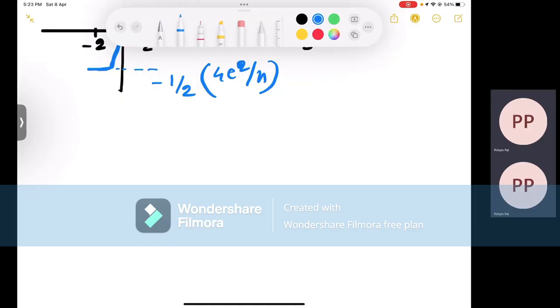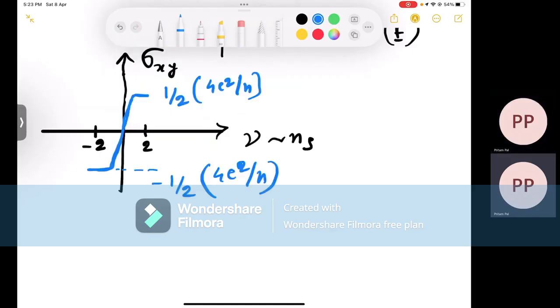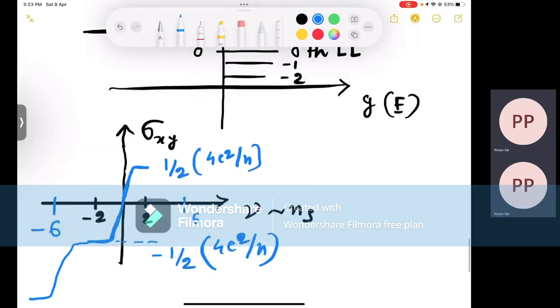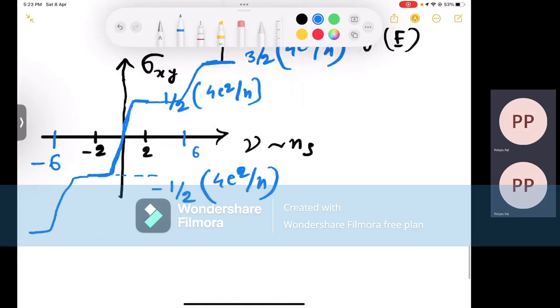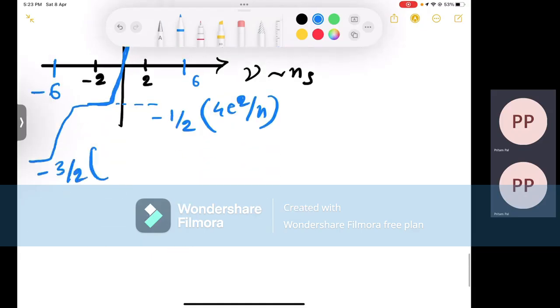The next filling factor, and so on and so forth.